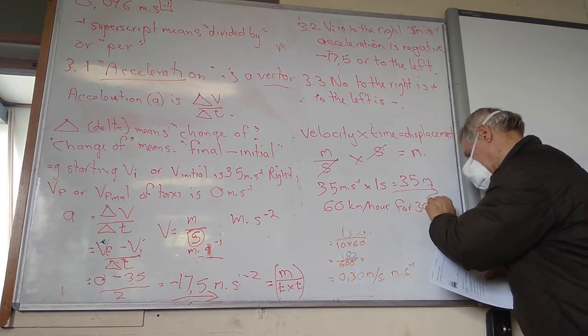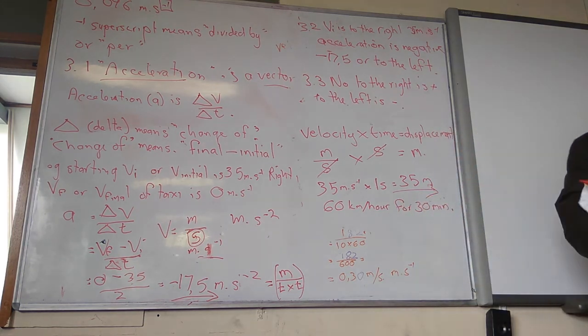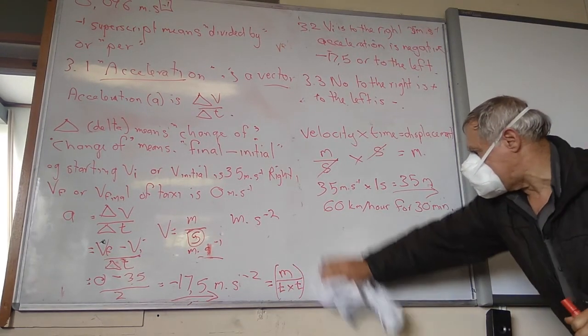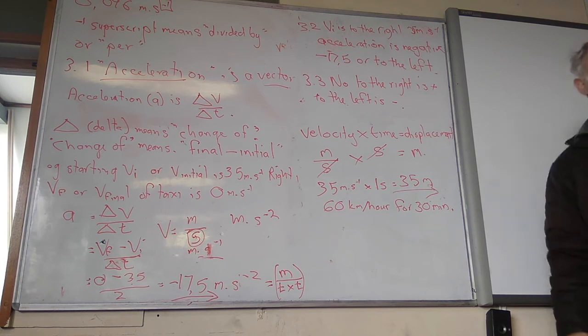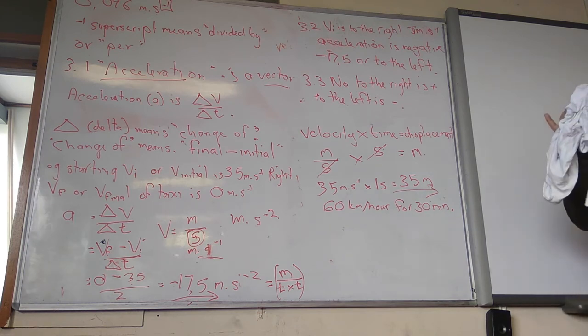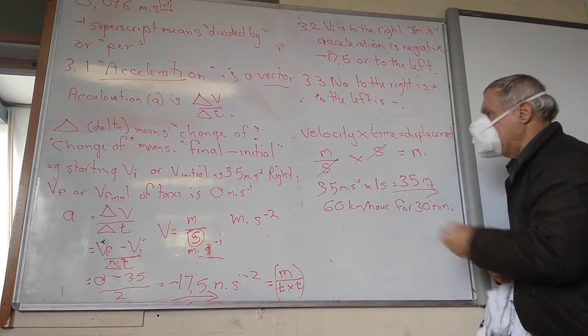How far did I travel? You don't even have to convert it; I don't care if you give me the answer in kilometers. How are you going to work it? You're going to say velocity times time equals displacement.